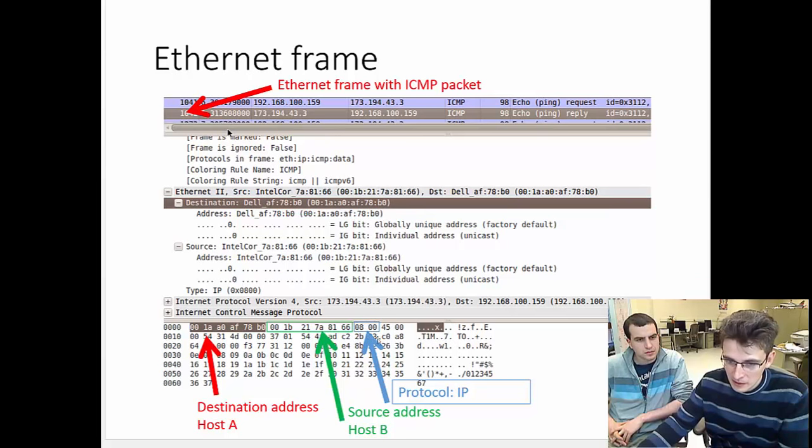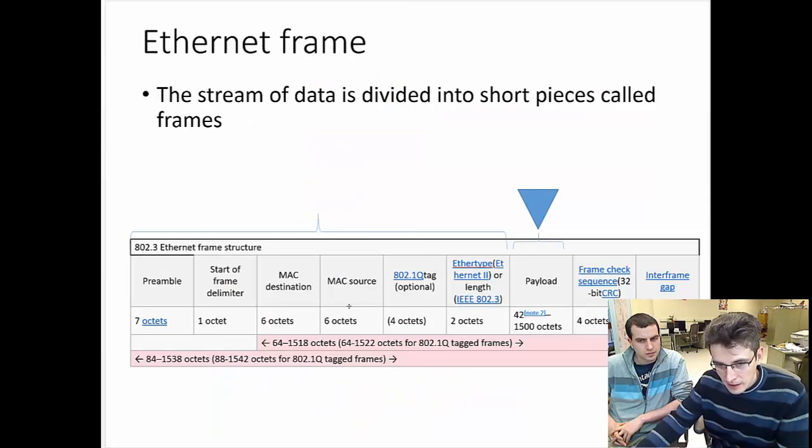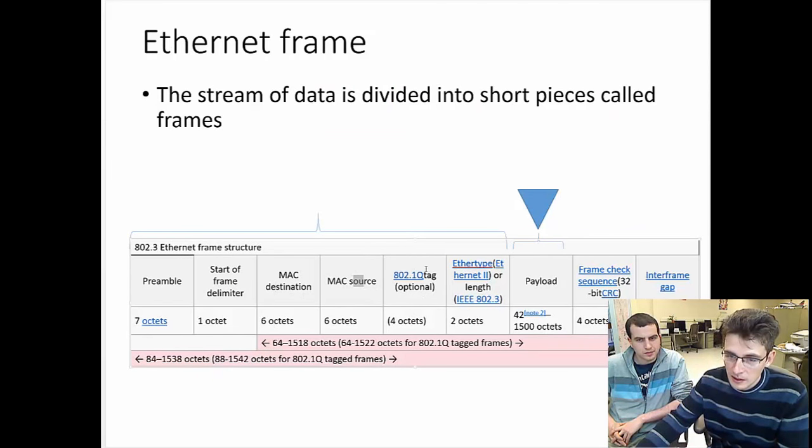Here we have 0800, the identifier of the IP protocol, which is carrying an ICMP message. So if we go back to this slide, we have the MAC address of destination, the MAC address of the source, then there are VLAN related things, and basically the data that you send.